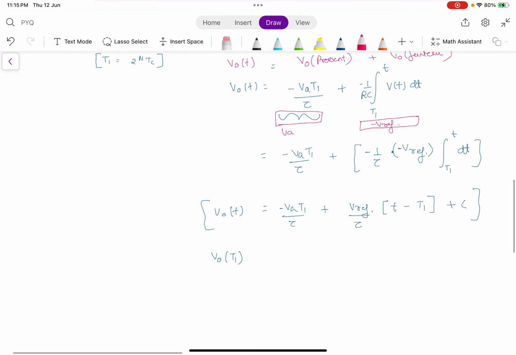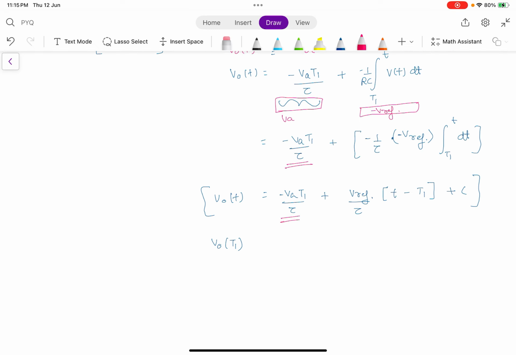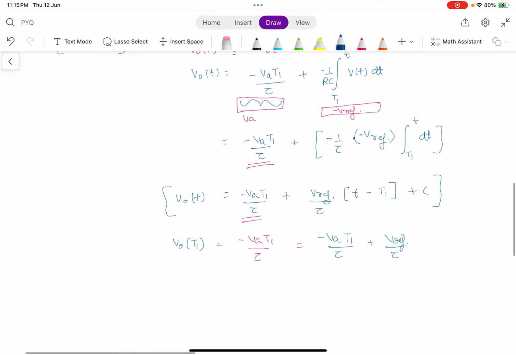So at V naught of T1 the value is minus VA T1 over tau, which you can write as minus VA T1 over tau plus V reference over tau times (T minus T1), plus C, and you have to write T1 here. So this gets cancelled out, this becomes 0, and C becomes 0.